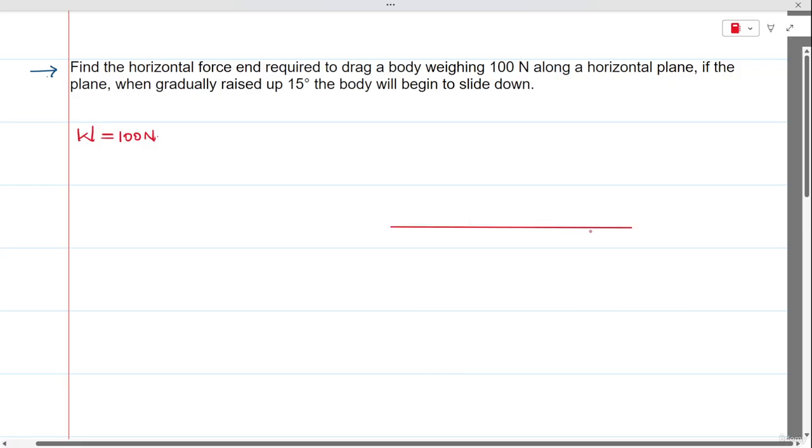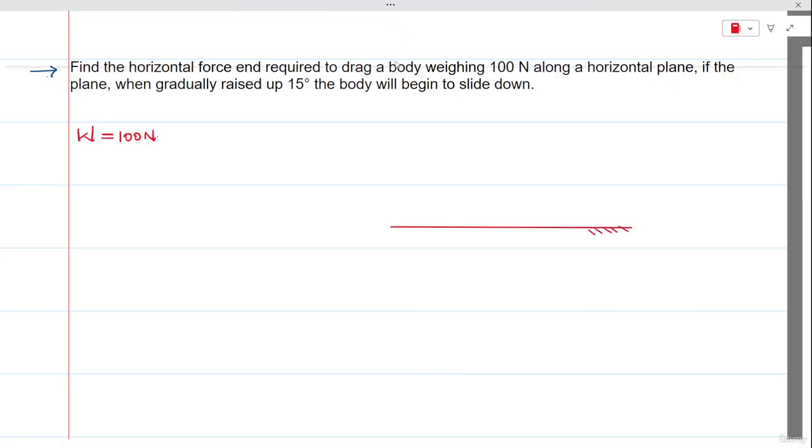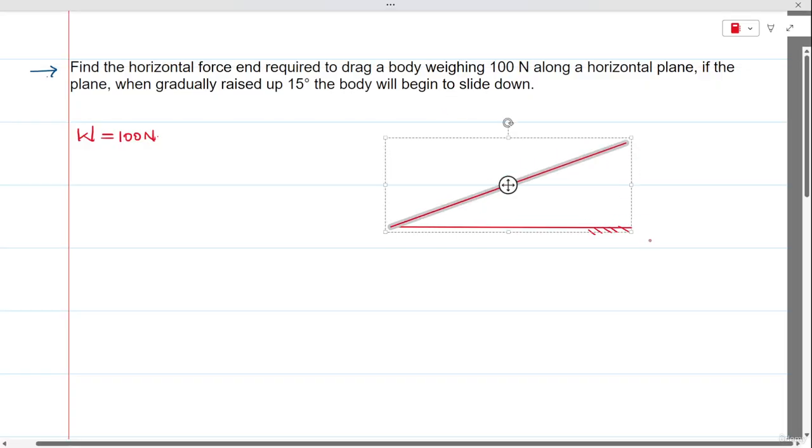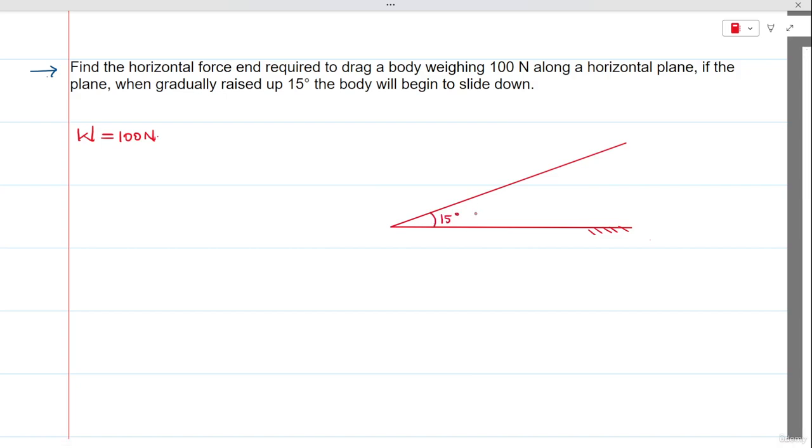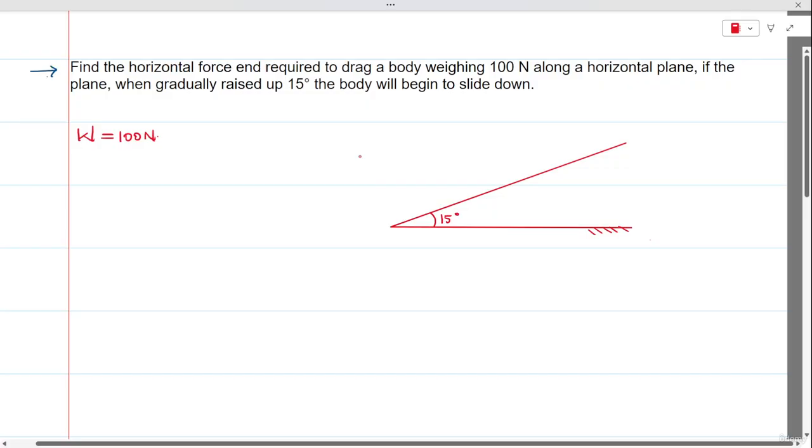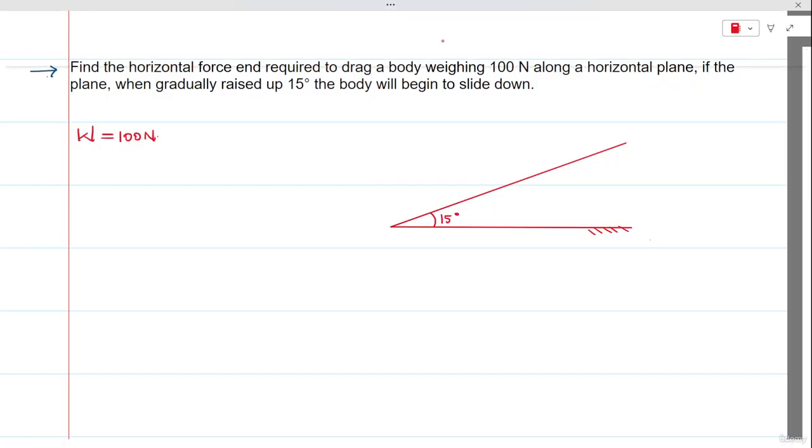Initially the body was kept on this horizontal plane, and now this plane has got some inclination gradually, and the angle reaches a value of 15 degrees. And now when the angle reaches 15 degrees, the body begins to slide down.